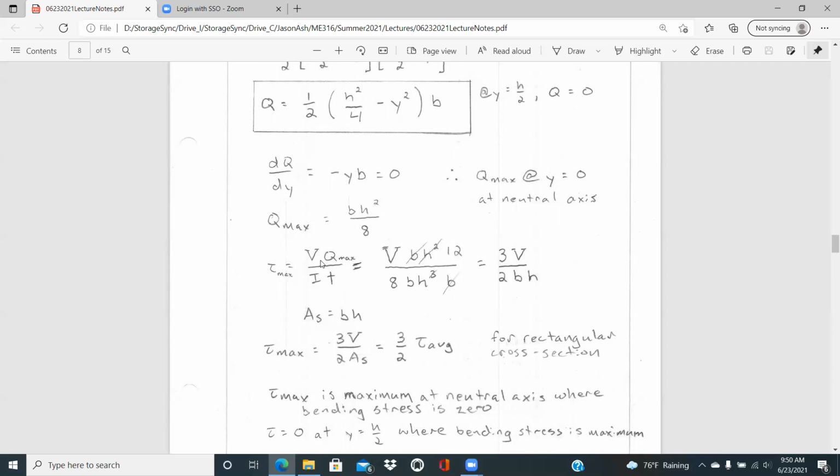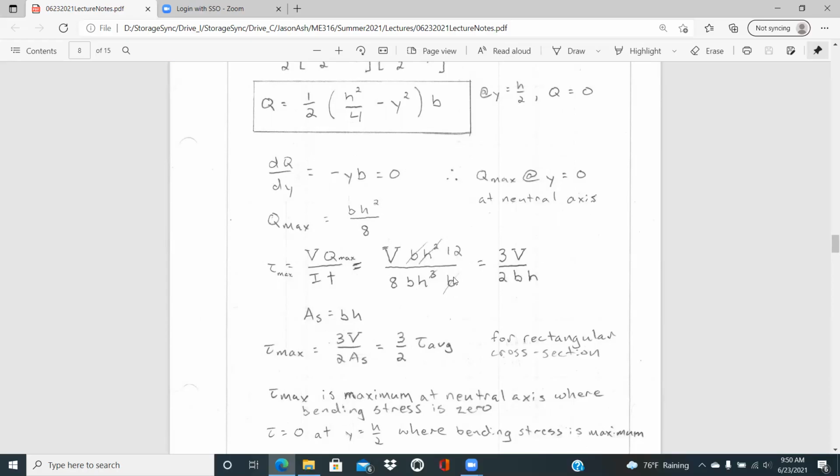And so tau max then is equal to V times Q max over IT. And so we have V, Q max is bh squared over 8, I is equal to bh cubed over 12, and the thickness again is just equal to our base for this common rectangle.